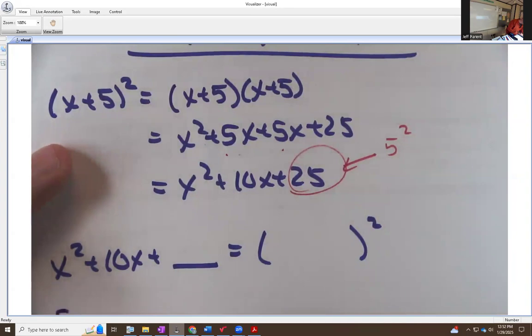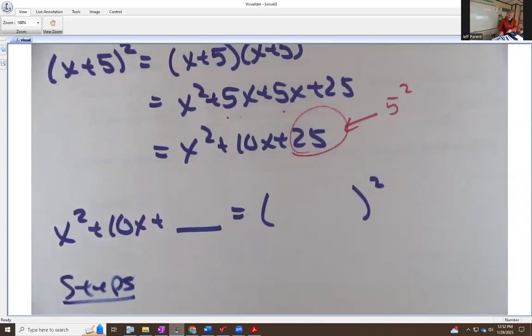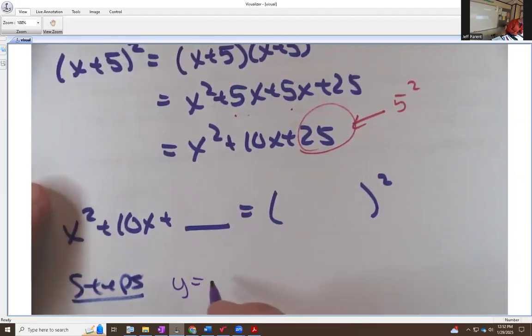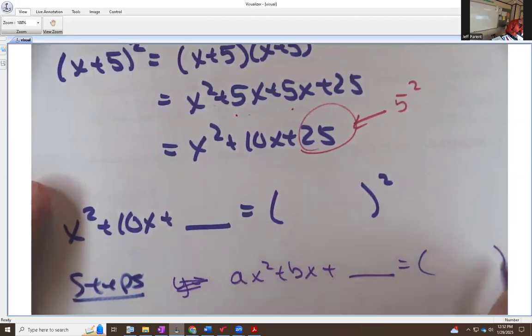So let's take a look at those steps. You got a times x squared plus bx plus something equals something squared.